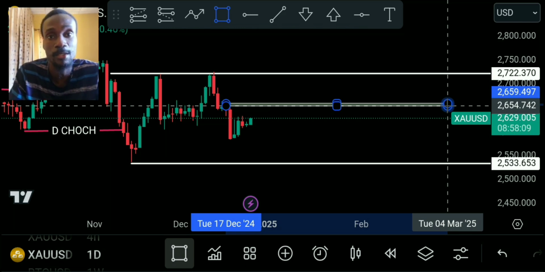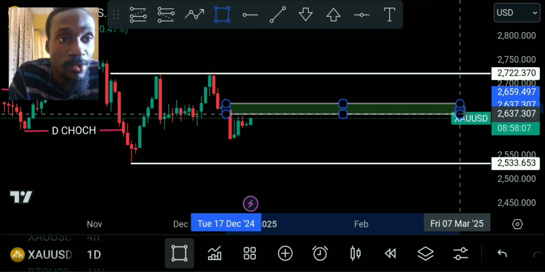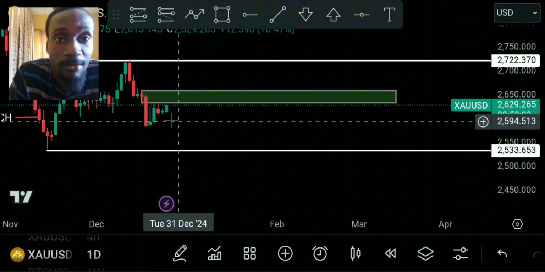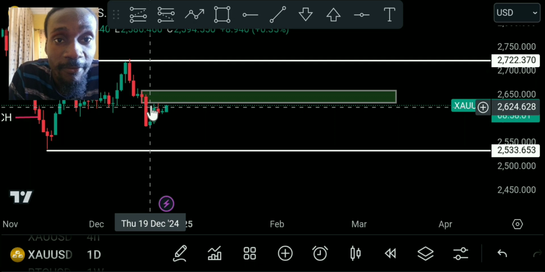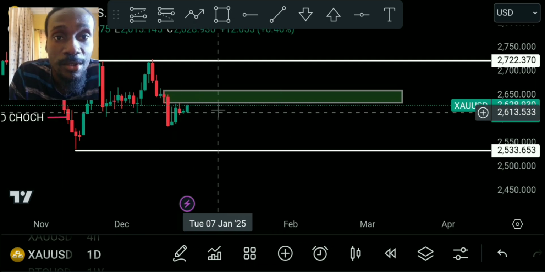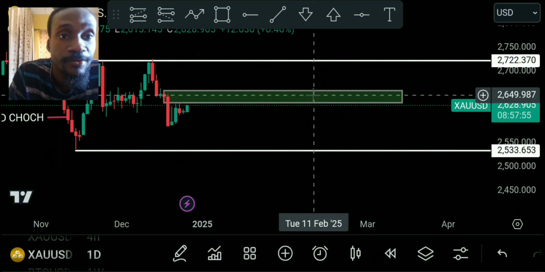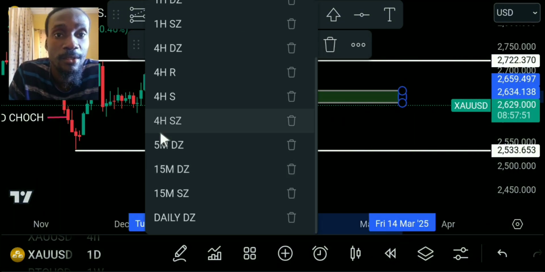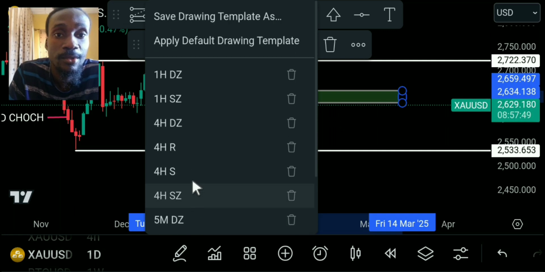Now currently I've been looking for my supply zone, then I found my daily supply zone here. I have a very short fair value gap at that level. So this is a supply zone here, so this will be our daily supply zone.